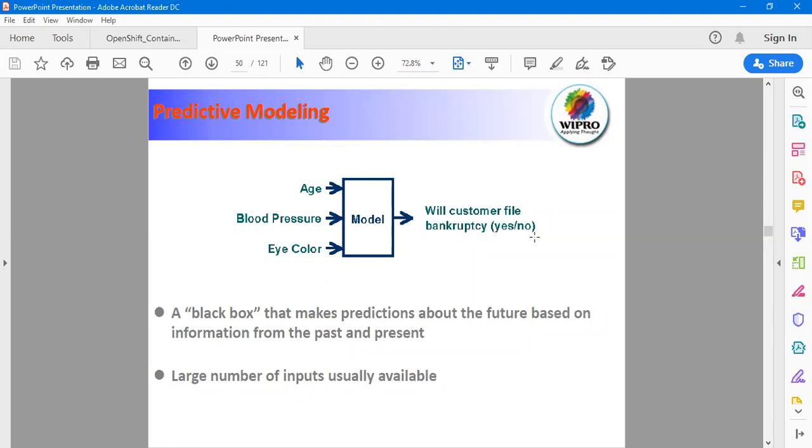The sensors are attached to their arms and their BP is checked. If their BP goes high, that means they got tense while answering the question. Similarly, even eye color. Last time I discussed face recognition. In our upcoming lecture, I will tell you the entire case study of face reading, how the predictive model is designed.